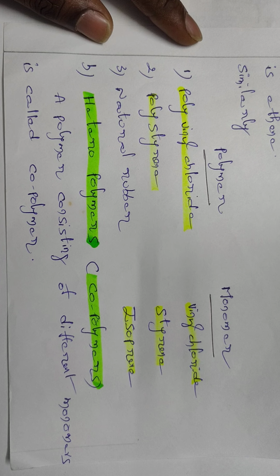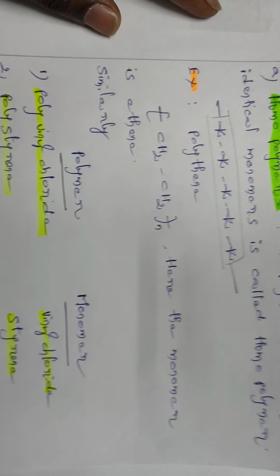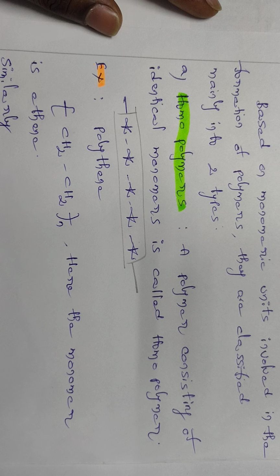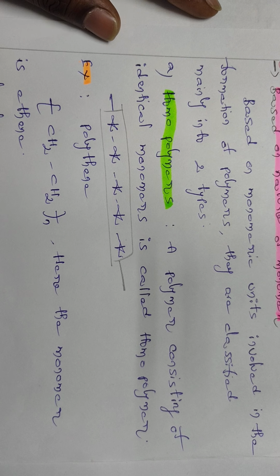A polymer consisting of different monomers is called a heteropolymer or copolymer. That means a polymer containing two or more different monomeric units. If the polymer contains the same repeating unit, identical monomer, then such polymers are called homopolymers.